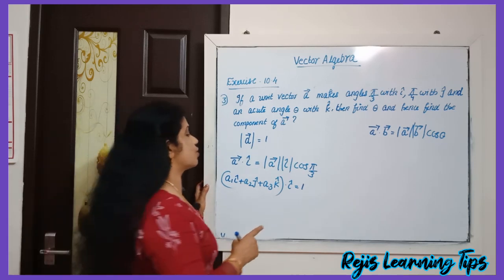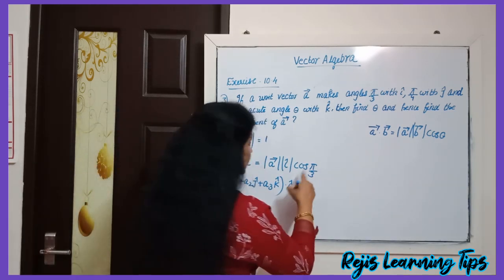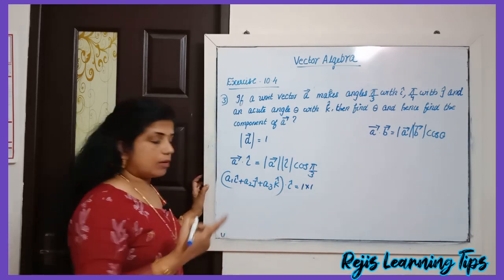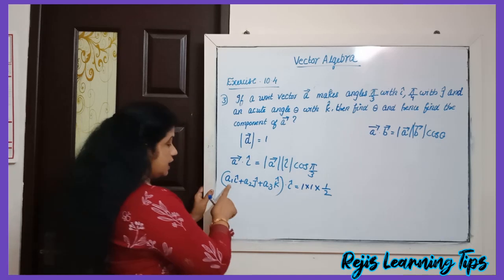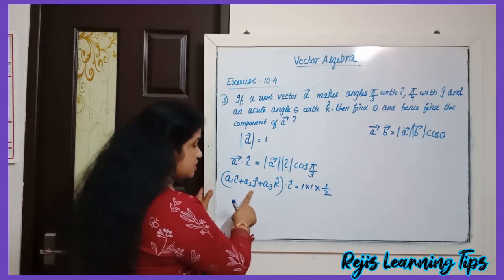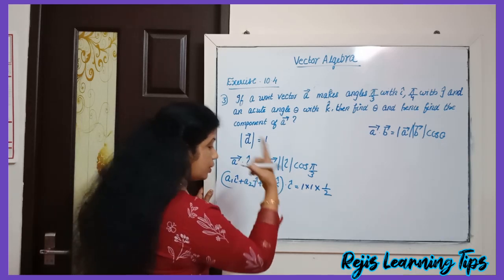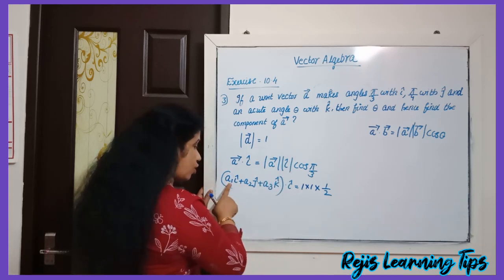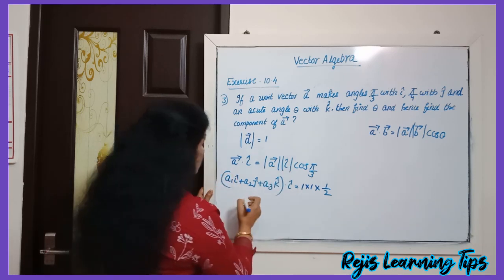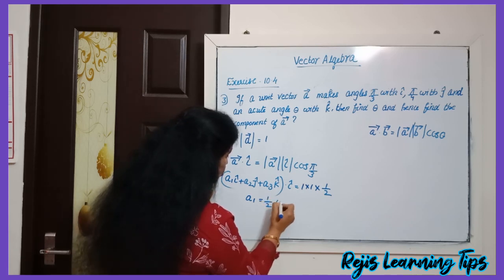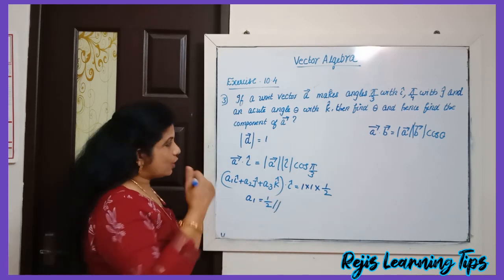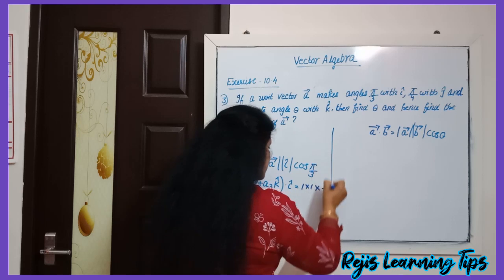That is also equal to 1. Good. Then what is cos pi by 3? 1 by 2. Then A1 I cap plus A2 J cap plus A3 K cap dot I. So we should dot with only I. So we will get here A1 is equal to 1 by 2. Am I correct?